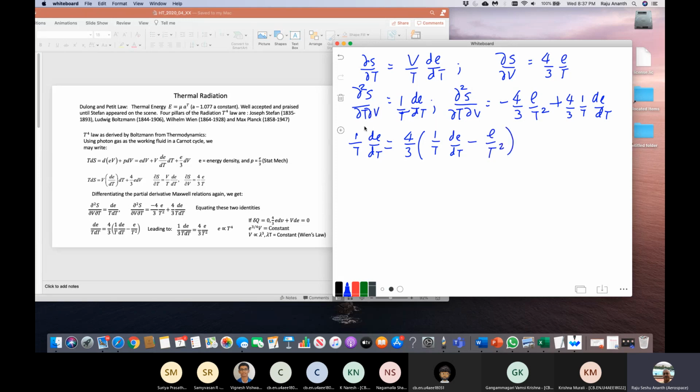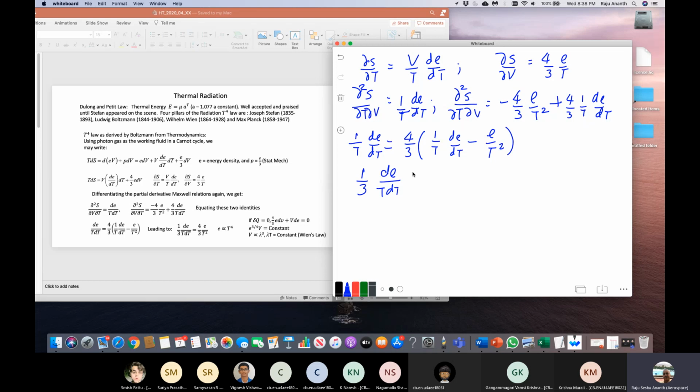Because this is the same identity, I can equate them. So this right hand side here is equal to this right hand side. That is how I have equated that. So what exactly this means is I can bring the dE/dT to the other side. So 1/3 dE/dT, in other words, I'm bringing this over here, so it becomes minus 1/3, isn't it?